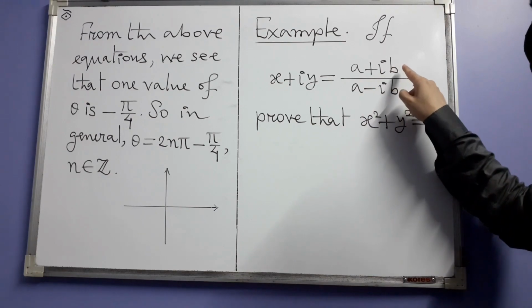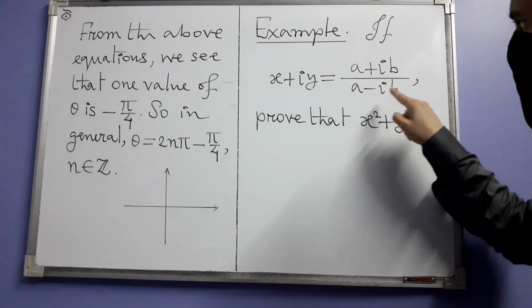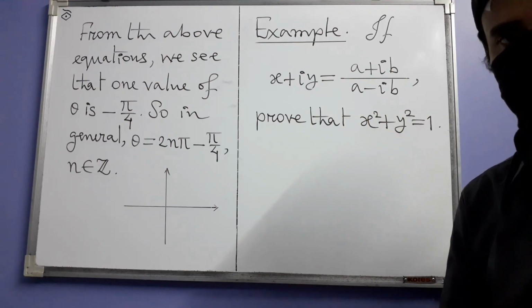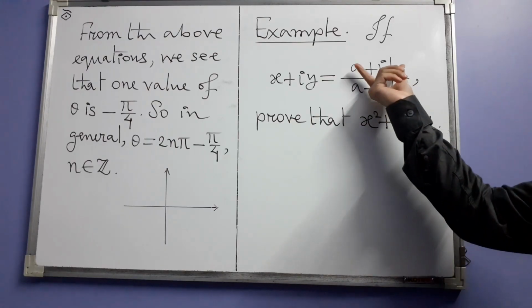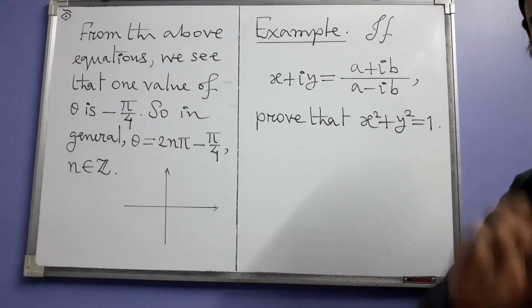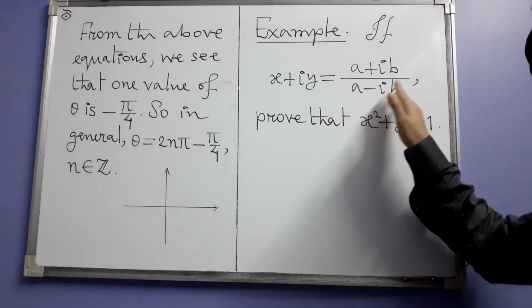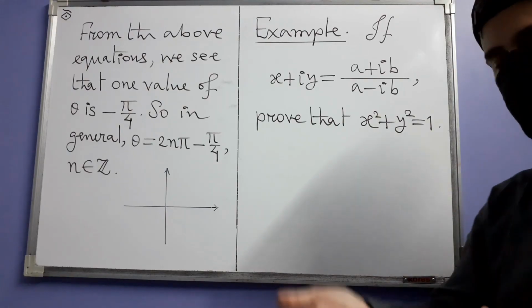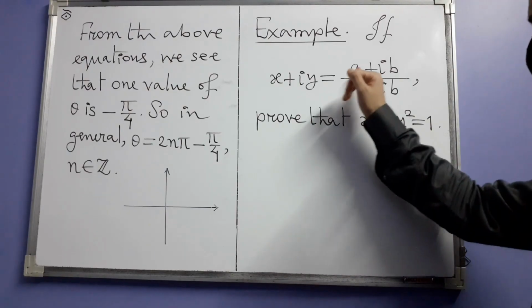The text first multiplied and divided by the complex conjugate of the denominator, which is a plus ib. So that way they get a plus ib whole square in the numerator and a minus ib times a plus ib in the denominator. And then they went through the entire calculation with this general a and b.